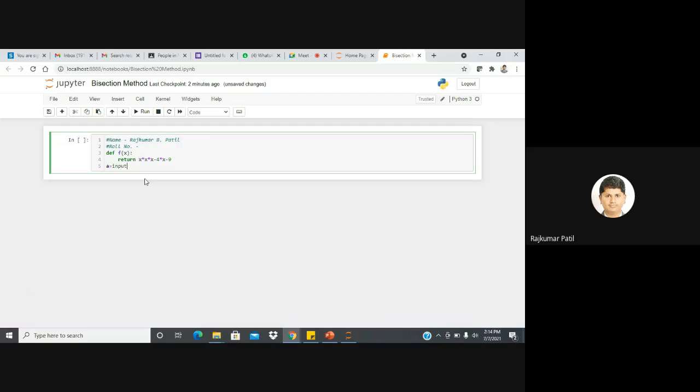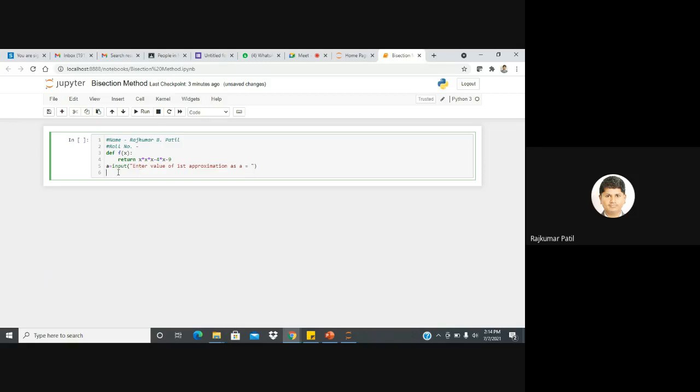For that we use the syntax input, bracket, and in that quote, you can write 'enter value of' anything. For our understanding, 'enter value of first approximation'. With this syntax, when you run this program, it will ask you to enter the value of first approximation as a.